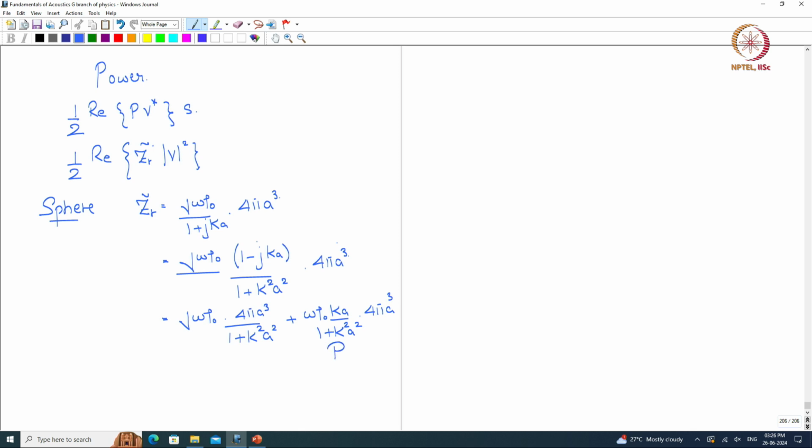This is the imaginary part, and this is the real part. The real part is called the resistance, the imaginary part is called the reactance.